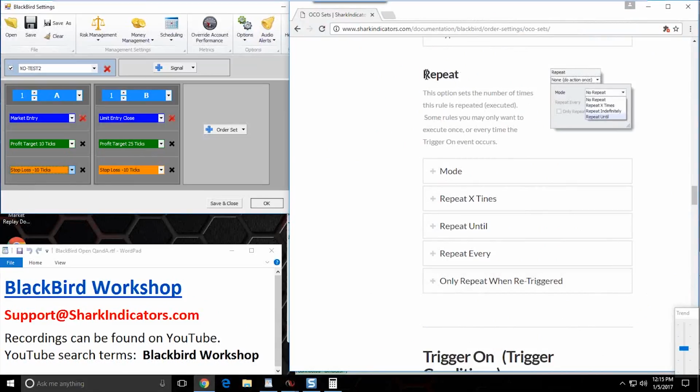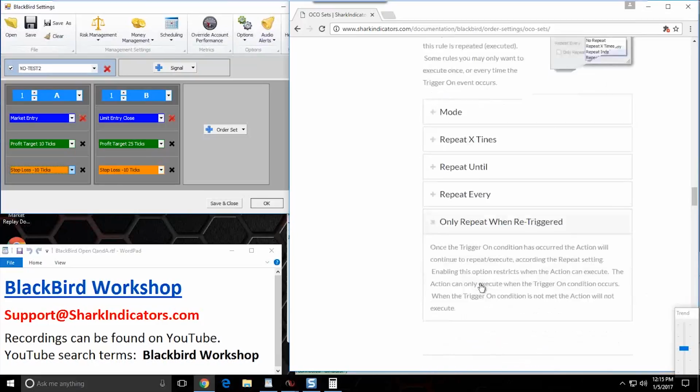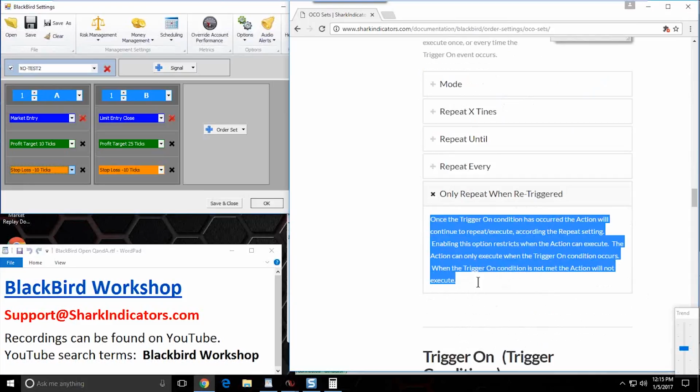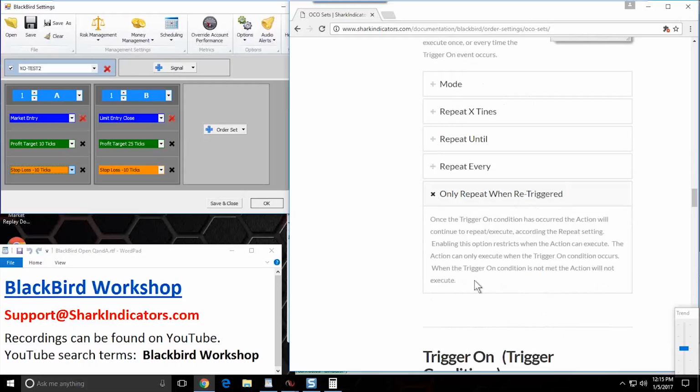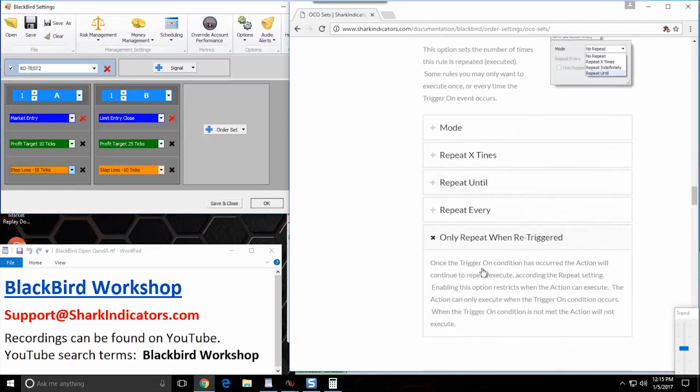We're down here at the repeat section. You can see only repeat when retriggered, and there's an explanation of what that does right there. A little short summary. So if you ever need to jog your memory, remind yourself of what these all are, all the documentation is right there.